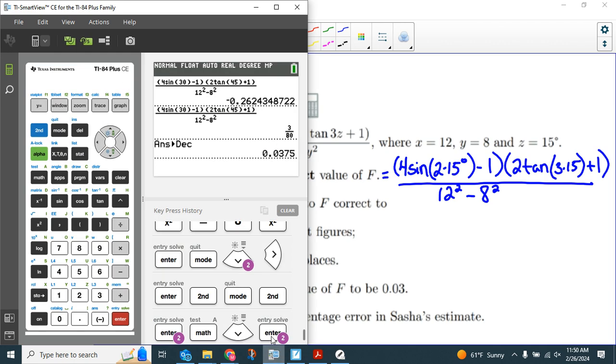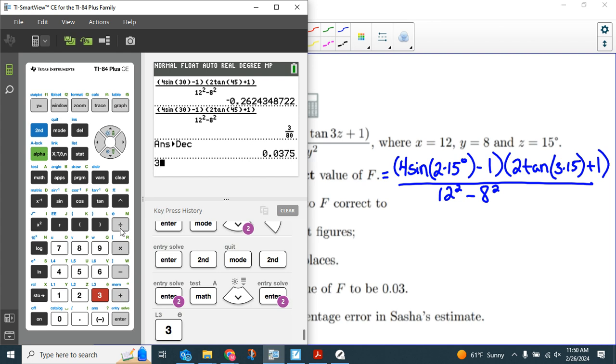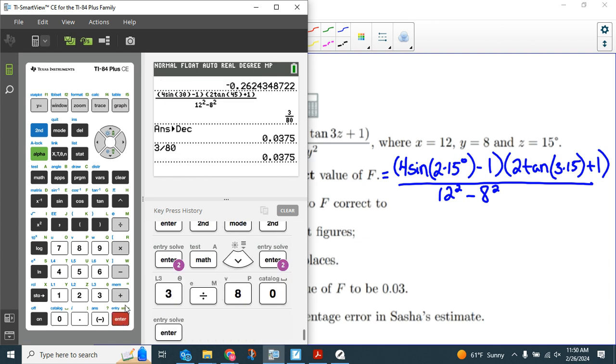If you don't remember where the decimal conversion is, if you get 3 over 80 as a fraction, just do 3 divided by 80, not using the fraction command, and it will give you that same decimal. Yes, always in degrees.